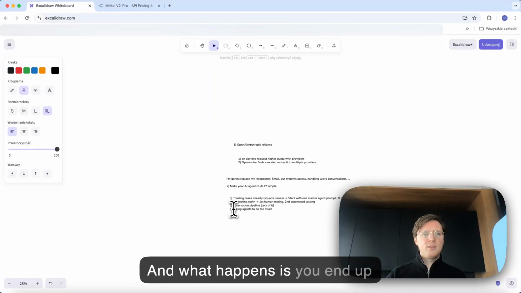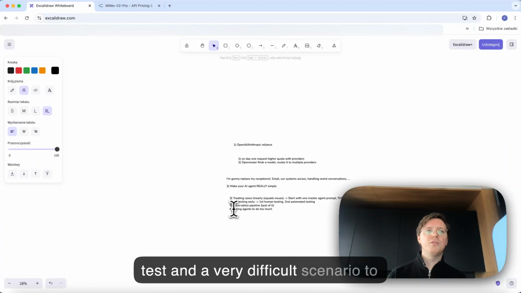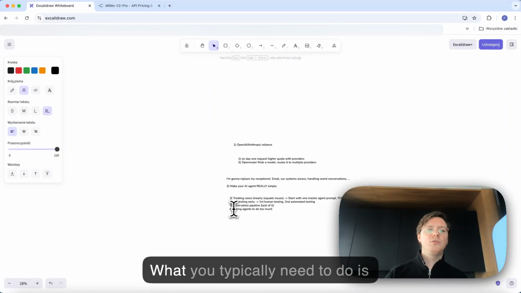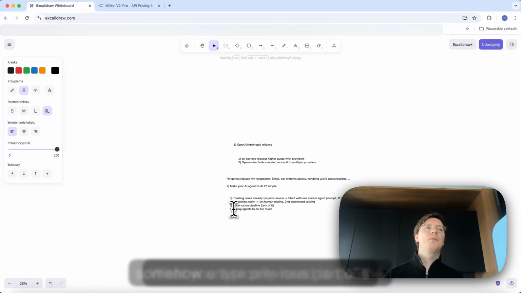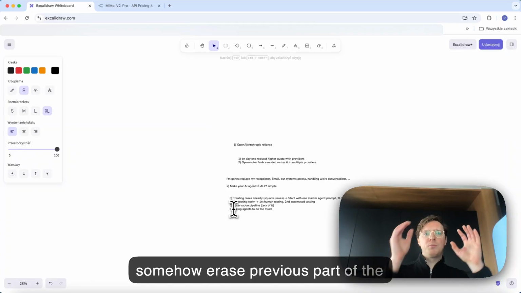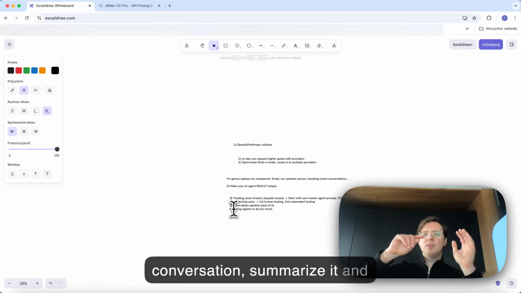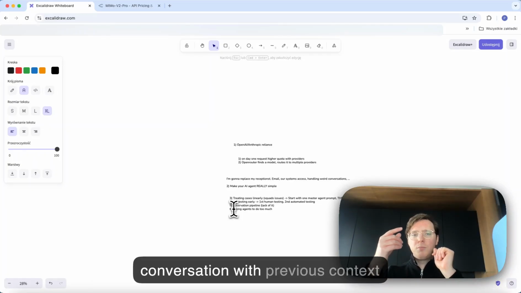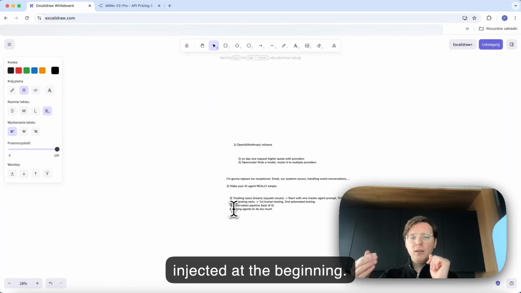What happens is you end up with a very difficult scenario to test and to handle because you need some additional context engineering. What you typically need to do is somehow erase the previous part of the conversation, summarize it, and essentially create a new conversation with the previous context injected at the beginning.